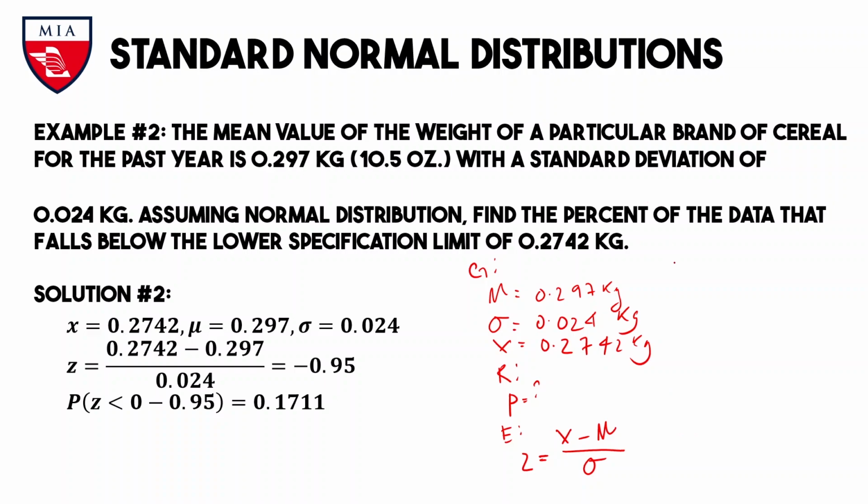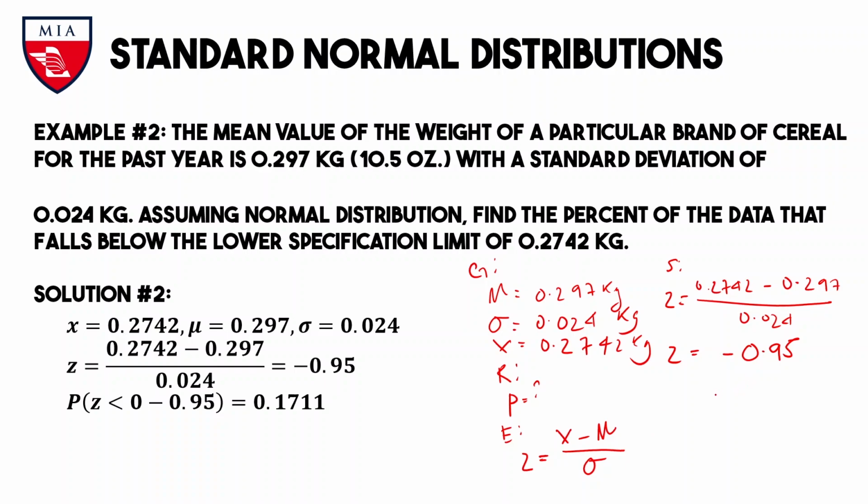So for the solution, we have z is equal to 0.2742 minus the mean, 0.297, over 0.024. So z is equal to negative 0.95.